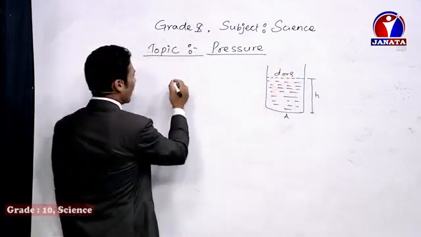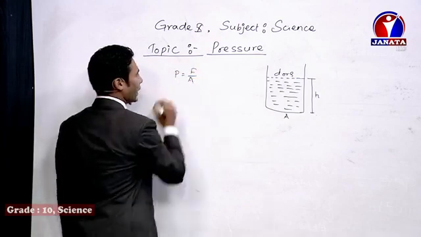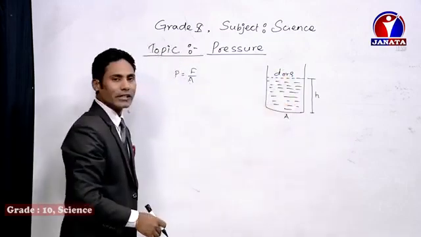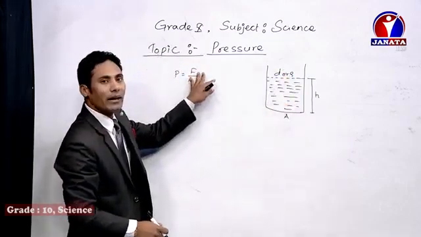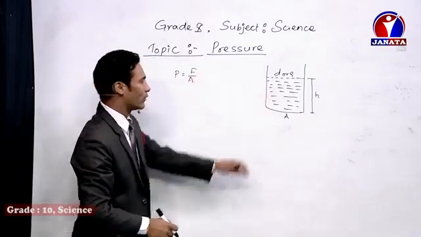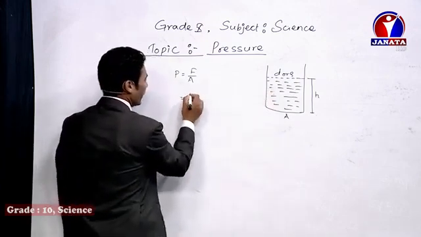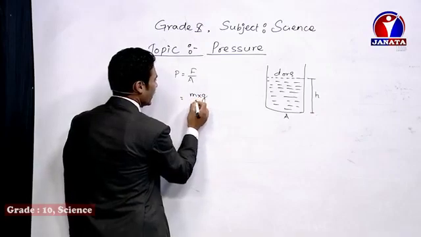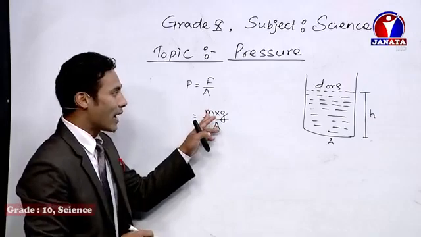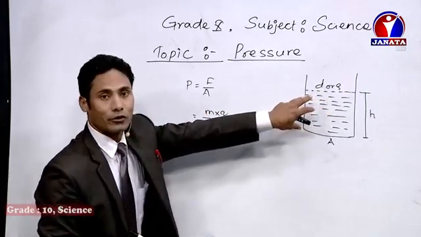So from the formula of pressure, P equals force per unit area, and in the case of this liquid, the force exerted by the liquid is equivalent to its weight. The weight of this liquid is equivalent to the force. That's why we can write m g by A. And this mass is difficult to calculate.